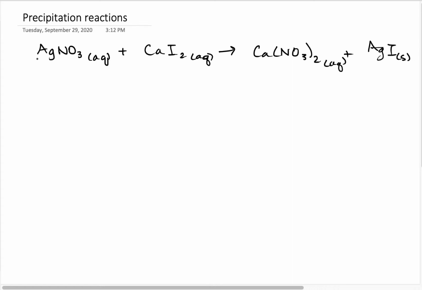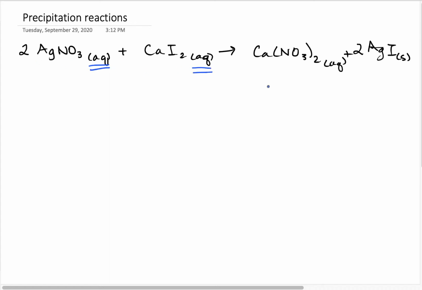Okay, so this was a reaction where we have silver nitrate reacting with calcium iodide to make calcium nitrite and silver iodide, and when we balanced it, we saw we needed 2 silver nitrates and 2 silver iodides. So it was a really straightforward reaction for us to do, and one of the things that I drew your attention to about it is I want you to pay attention to what's happening here with the phases.